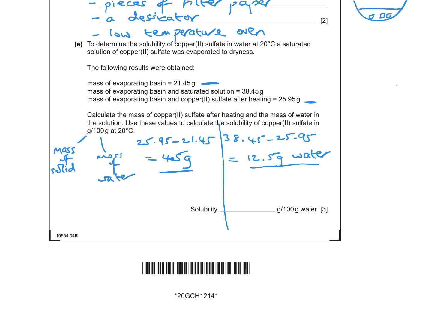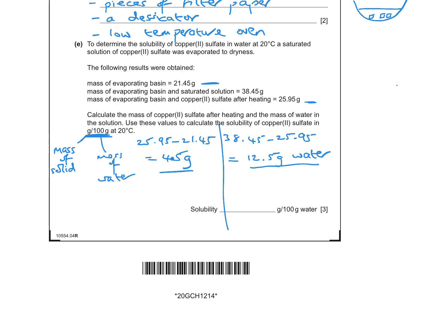Now we need to scale it up so that we've got 100 grams of water, because that's what the question is, the solubility in grams per 100 grams of water. Now to go from 12.5 to 100, we multiply by 8. And that would mean you'd have to multiply the 4.5 by 8.